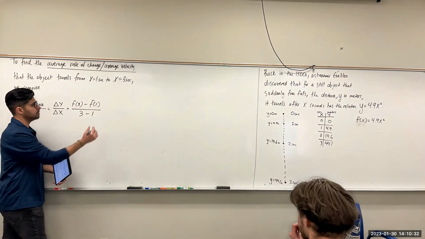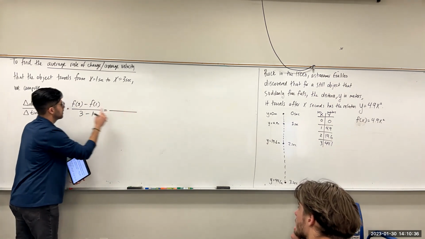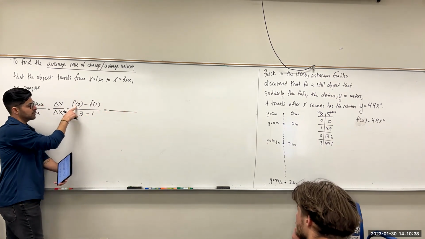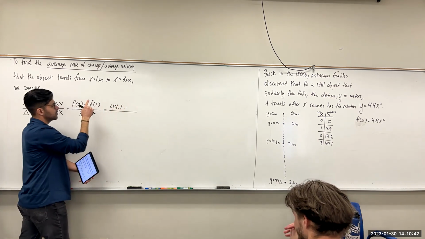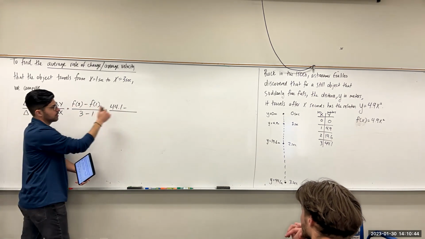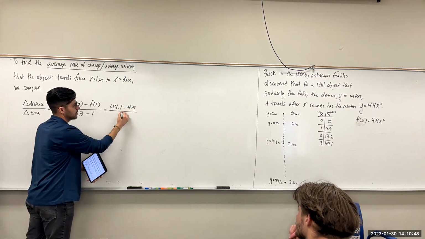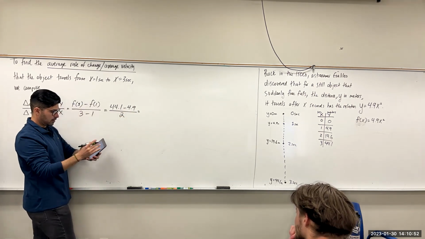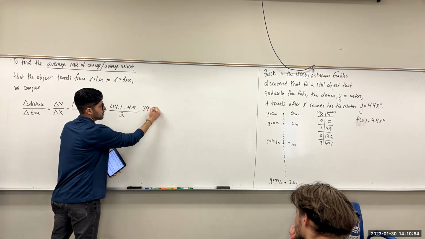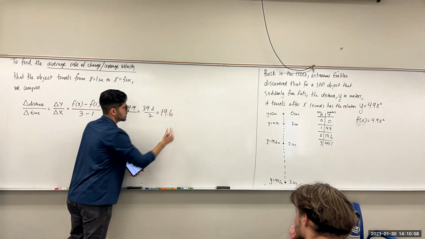We calculated that already. What is the distance at 3 seconds? 44.1. 44.1 minus, what's the distance at 1 second? 4.9. And then 3 minus 1 is 2. So 39.2 over 2, which is 19.6.